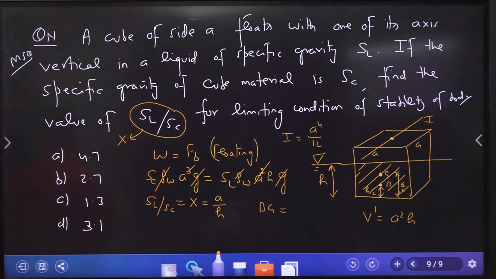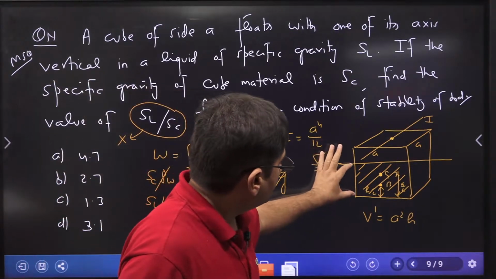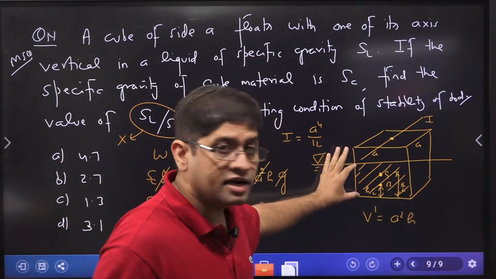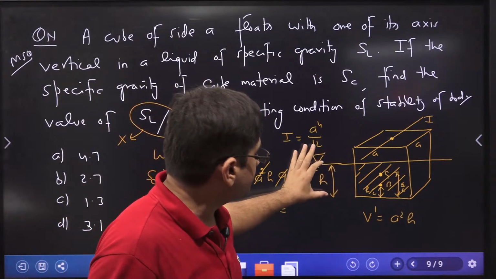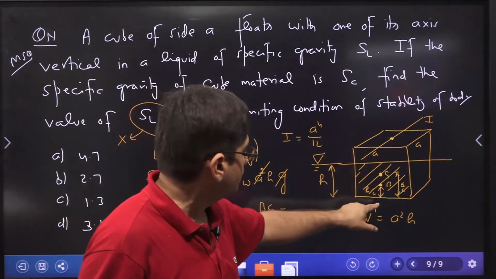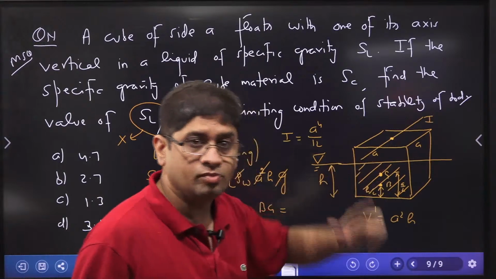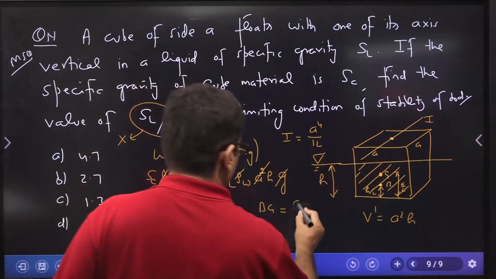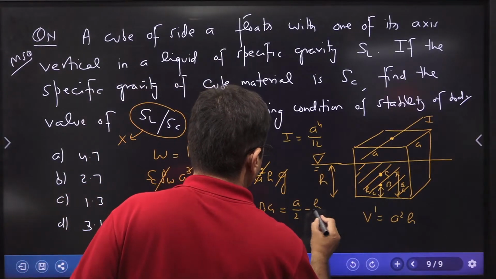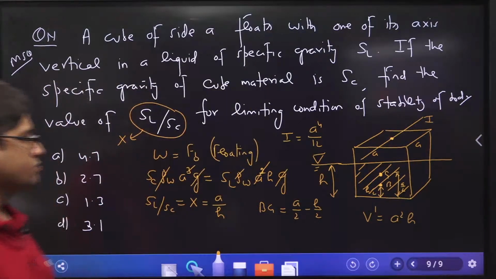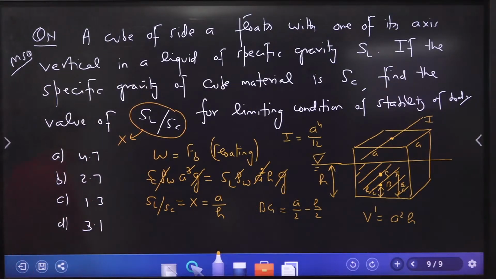G is at a by 2 and B is at h by 2. Half of the shaded region, the shaded region is h, half of it is the B point from the bottom. Half of the total side is the G point. So B to G is nothing but a by 2 minus h by 2. Everybody understood? A by 2 minus h by 2.